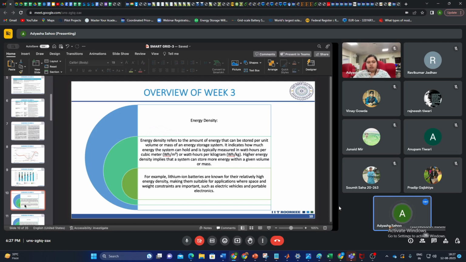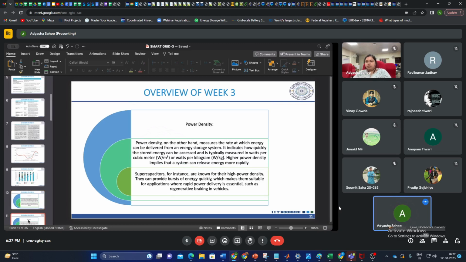Then moving on to power density. If a storage technology is said to have high power density, it means that it can charge or discharge very quickly. Basically it is the rate at which energy can be delivered from an energy storage system.